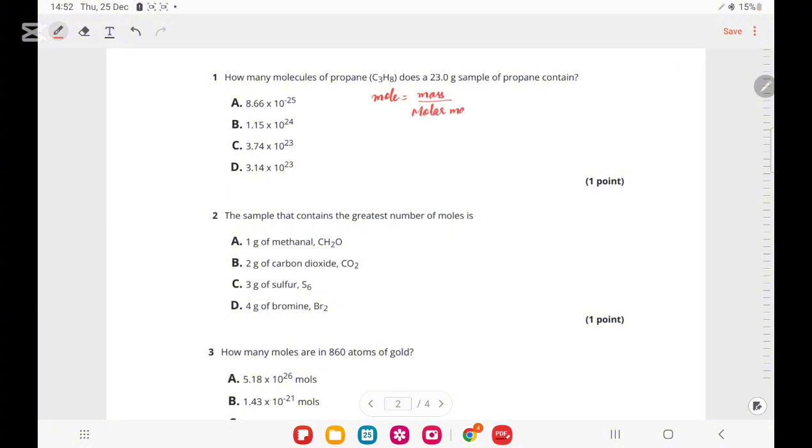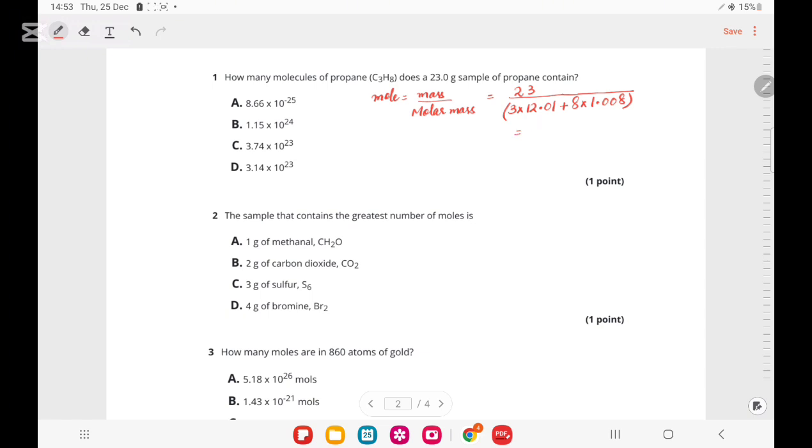This is the formula we are going to use, and mass is 23 gram, and molar mass of propane is going to be, carbon is 3 here, 3 times the molar mass of carbon 12.01 plus hydrogen. There are 8 hydrogen, and I'm multiplying it with 1.008, which is the molar mass of hydrogen.